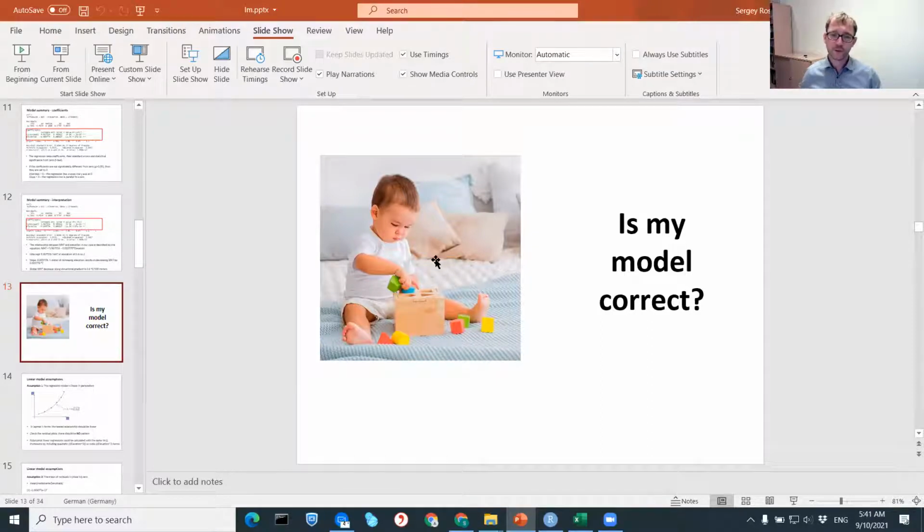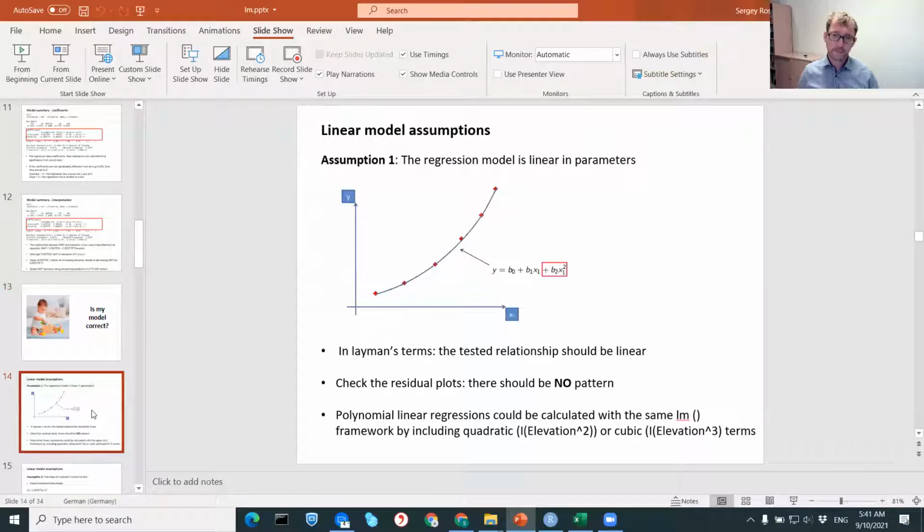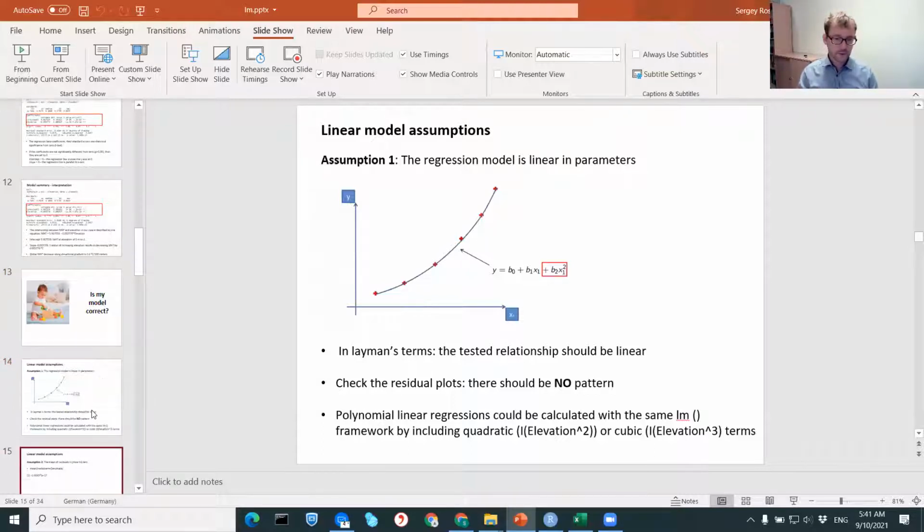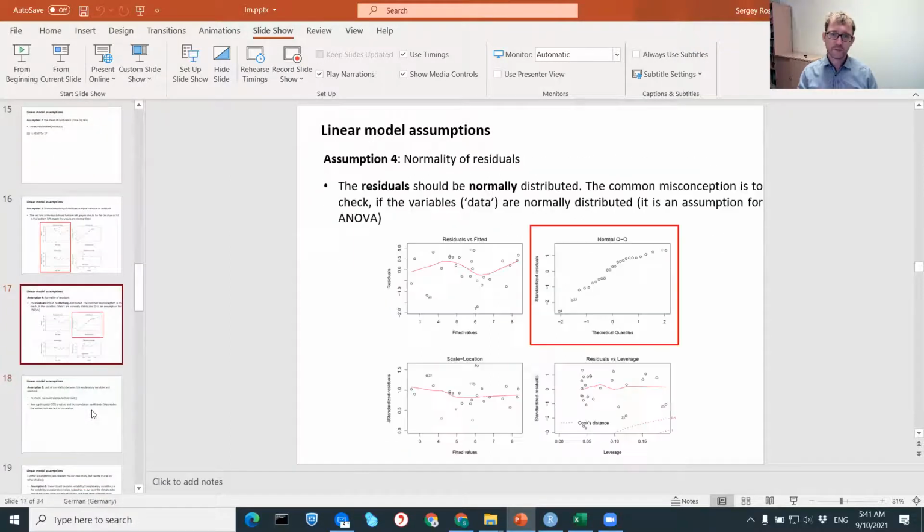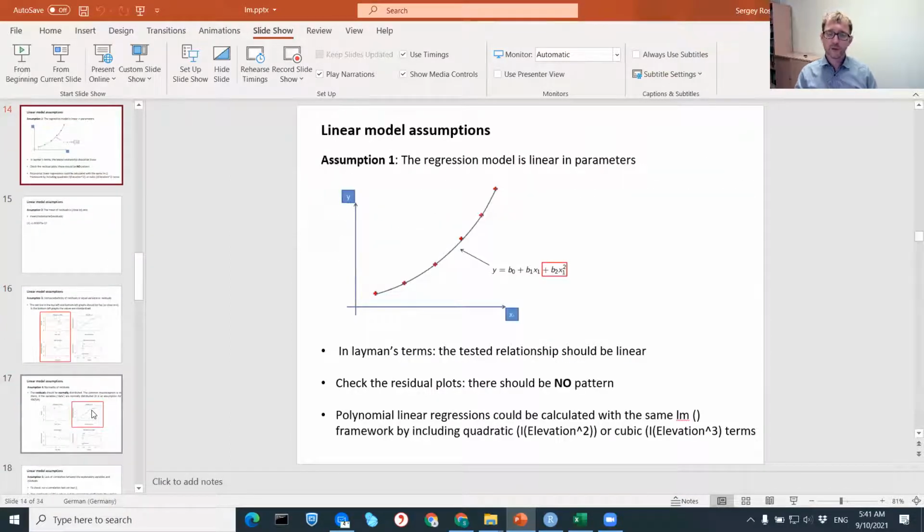Otherwise, of course, you could use a hammer to fit this wooden figure in a hole, but this is not really the correct way of doing things. And for linear models, we have a number of assumptions which should be met before you can really trust your results. I have here a kind of long list, 10 assumptions. We're going to discuss them a little bit and then go back to R to see how things work in the computational software.